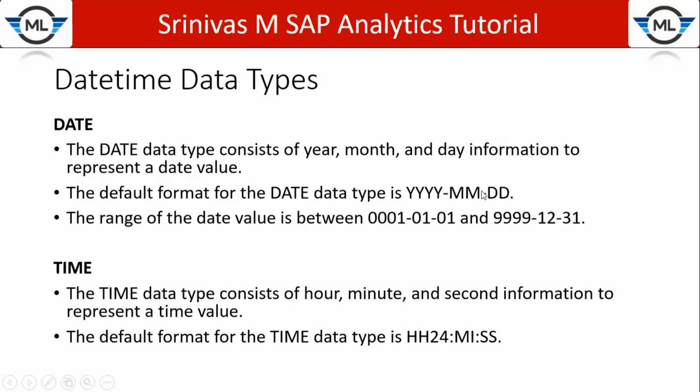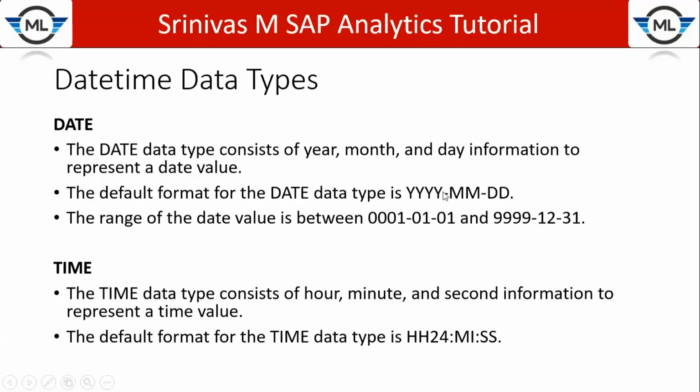For example, from the date, if you want to extract the month information, you must extract from the 6th to the 7th character. So the 6th and 7th characters are your month information, whereas in SAP ABAP generally the 5th and 6th are the month characters. But in SAP HANA, if you want to extract month or day from your date information, you must remember that there is a hyphen between year and month.